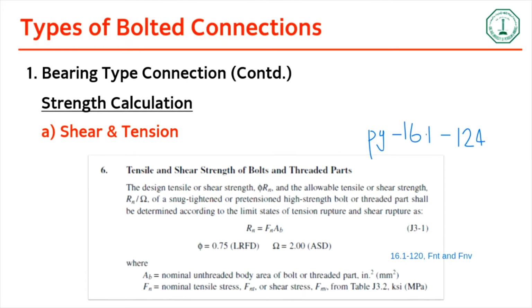If you want, you can note it down. The top one is type N, because the threads are not excluded, and type X is where threads are excluded. So A325 type N, A325 type X, and then below that we have group B, that is A490N and A490X.